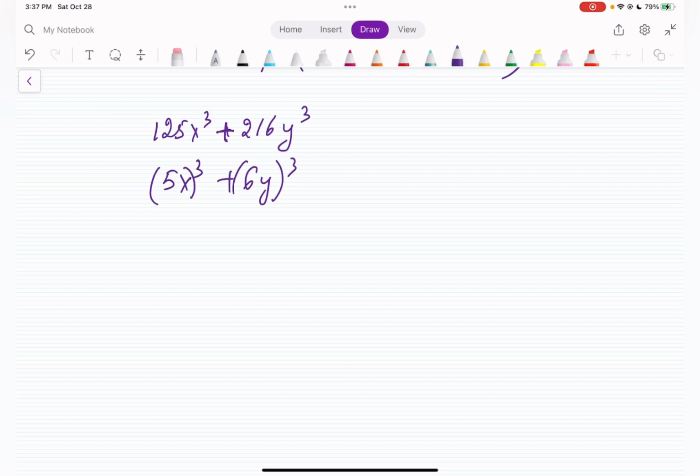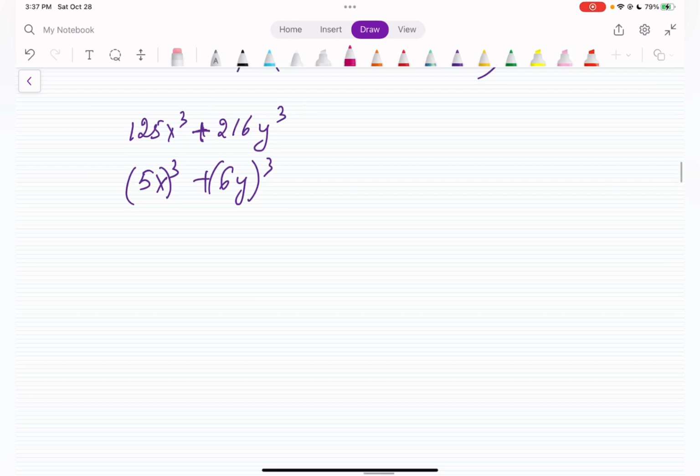Okay, so let me write down the formula. I feel lazy to drag down. It's easier to write down. A cubed plus b cubed is equal to a plus b, and then a squared minus ab plus b squared. Okay, let's work this out. A is 5x, right?